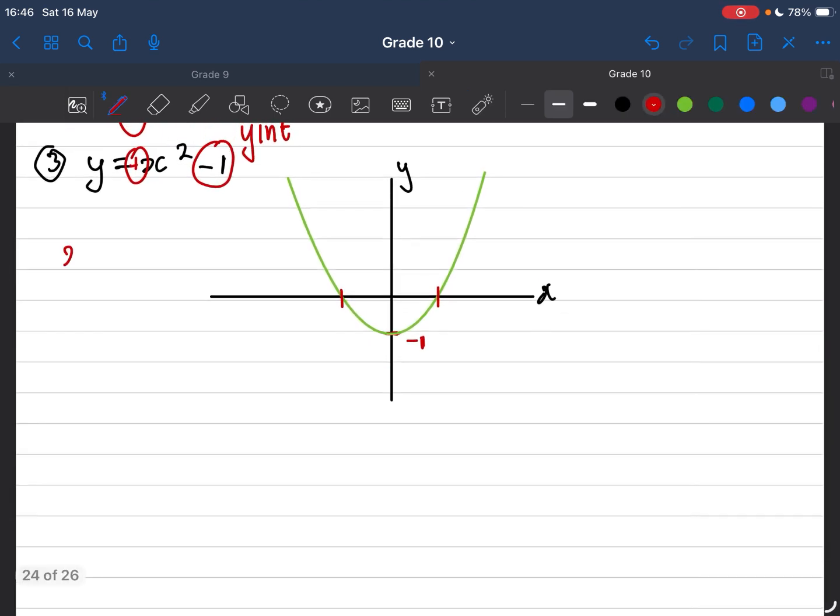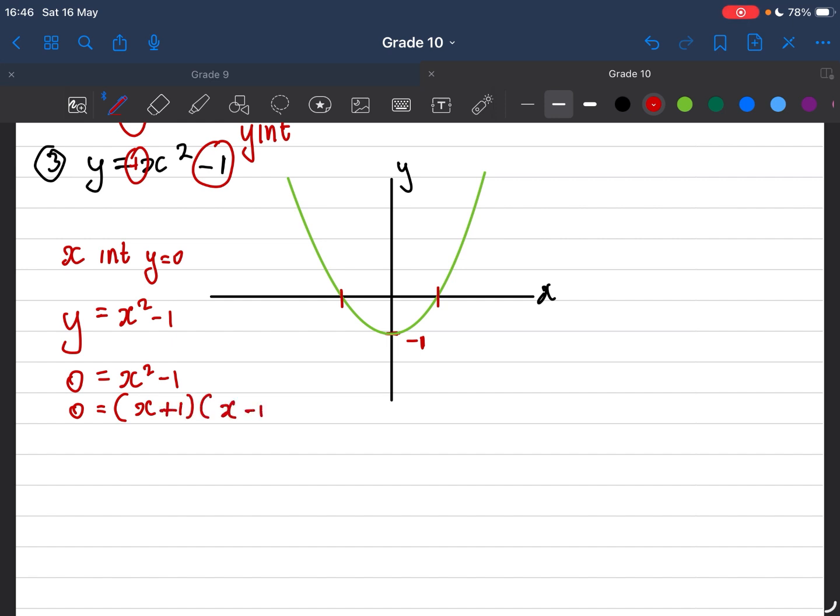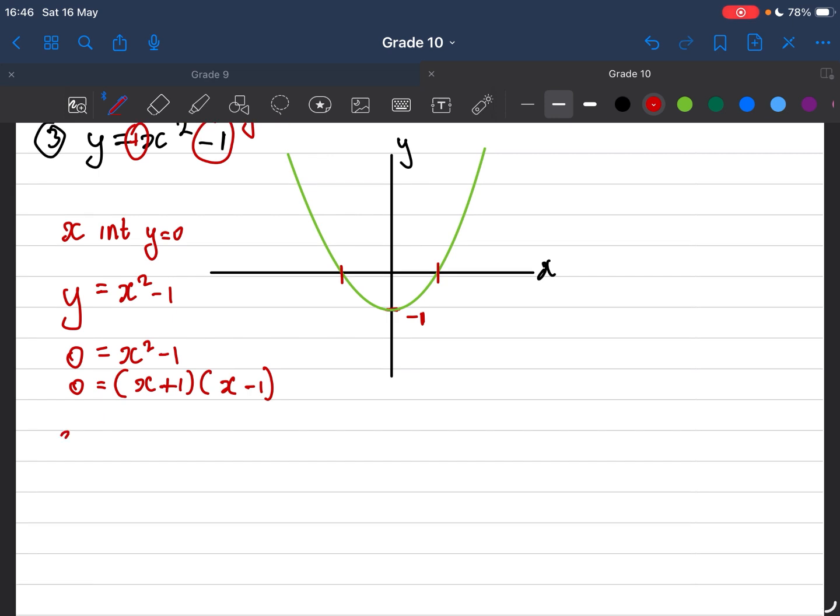If you recall, when you want to calculate an x-intercept for any graph, you let y equal to 0. So in my function y equals x squared minus 1, I let 0 equal x squared minus 1. This can be solved using difference of squares, and then we can say x plus 1 equals 0, or x minus 1 equals 0.